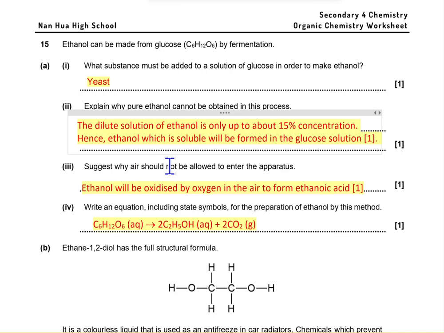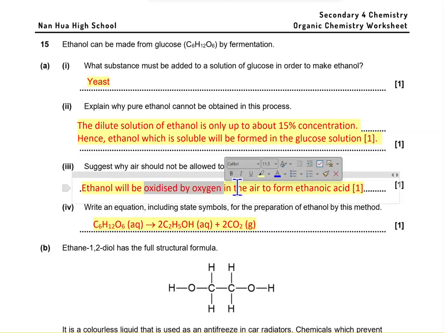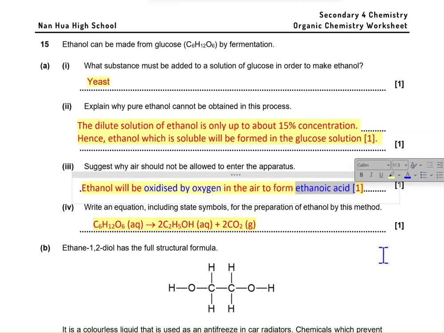Now, why should air not be allowed? Because when air goes in, ethanol can be oxidized by oxygen in air to form ethanoic acid. It turns sour. In fact, this is a process to produce vinegar. Ethanoic acid is vinegar. To produce vinegar, they actually ferment rice. They cook the rice, which contains carbohydrate.